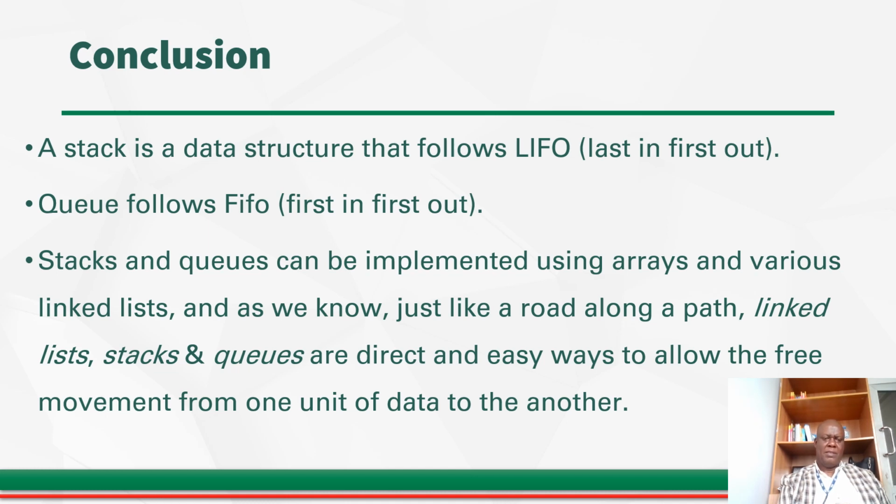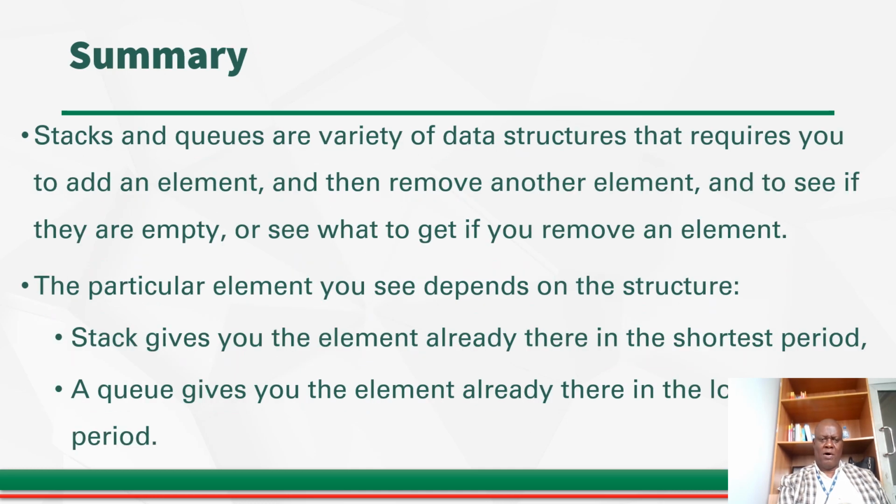linked lists, stacks, and queues are direct and easy ways to allow the free movement from one unit of data to the other. In summary, stacks and queues are data structures that require you to add an element, and then you can remove another element, to see if they are empty or see what you get if you remove an element.